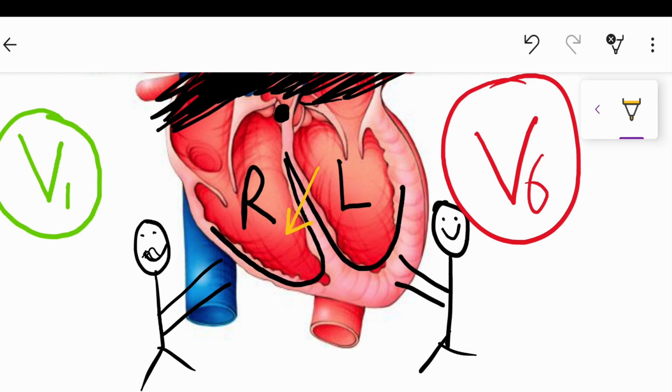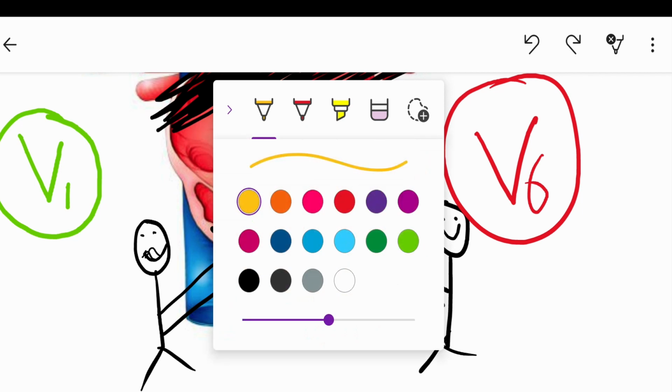This is physiologically and even pathologically when we have a right bundle branch block only. However, if we have a left bundle branch block, this rule goes out the window.